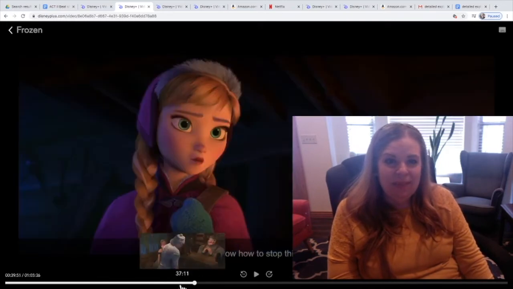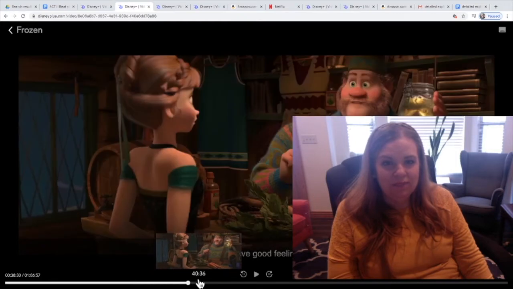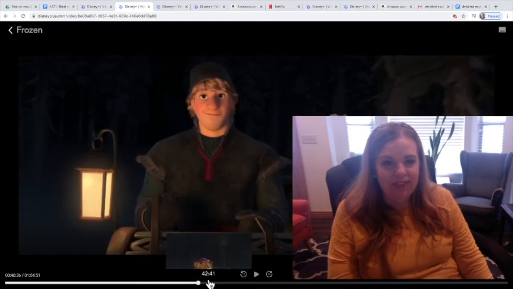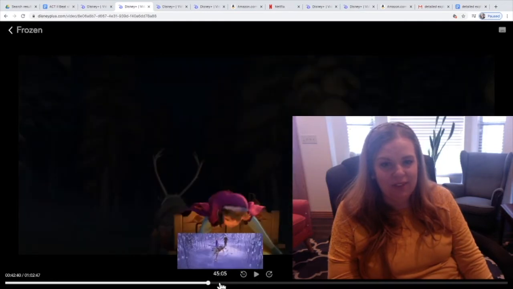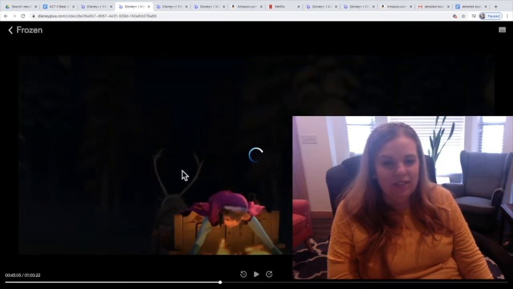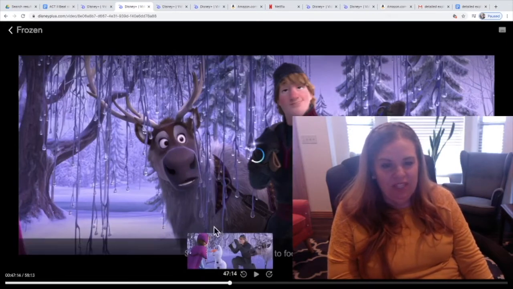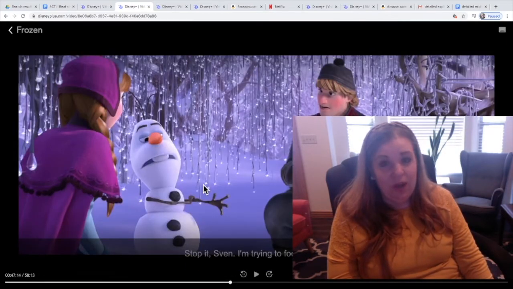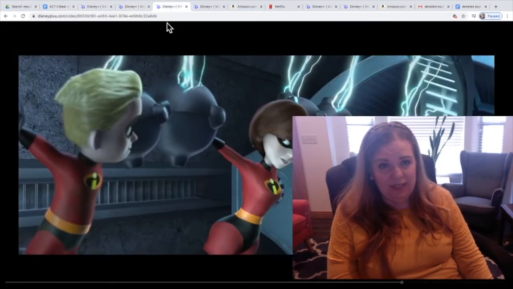Yep, these are exactly the type of scenes that I've seen in the previews. Elsa singing, sorry. I keep calling her Anna, don't I? Here's their frozen adventure through the tundra. Oh, they meet a cute little snowman. That's what I was promised when I saw the trailer for this movie. It's what I'm expecting to see.